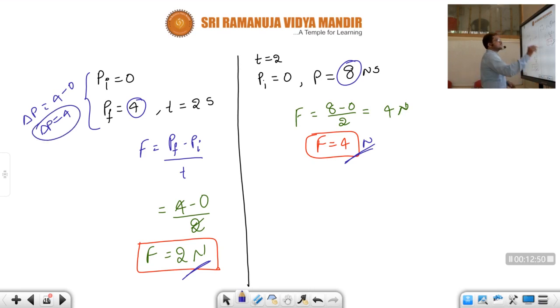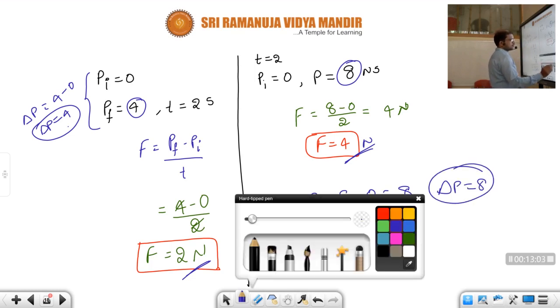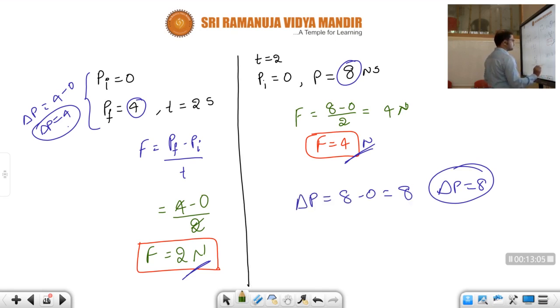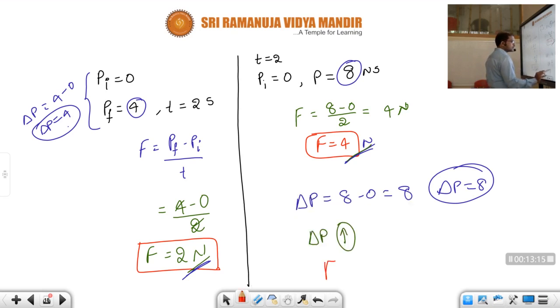Here change in momentum is 8 minus 0, that is 8. From 4 to 8, change in momentum increased. What about force, children? Here it is 2 Newton, here it is 4 Newton. Means force also increased.